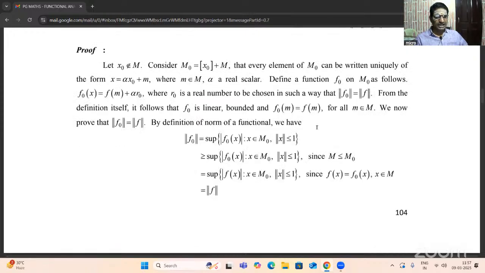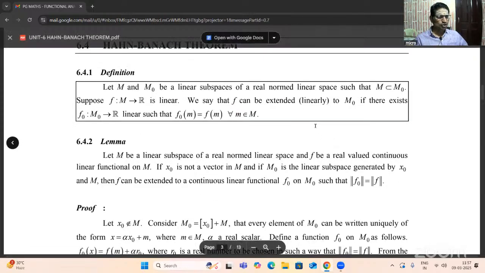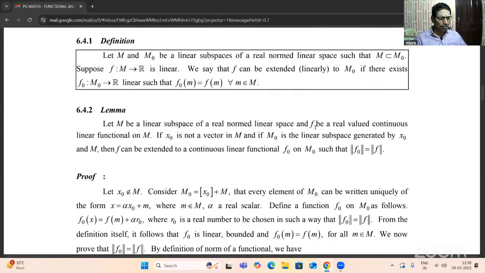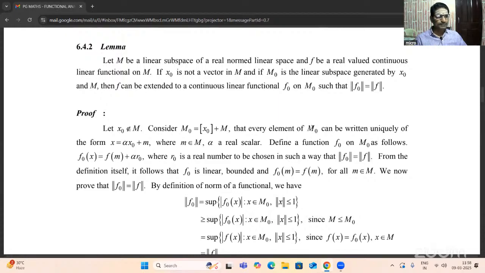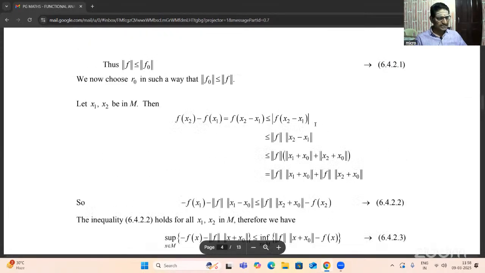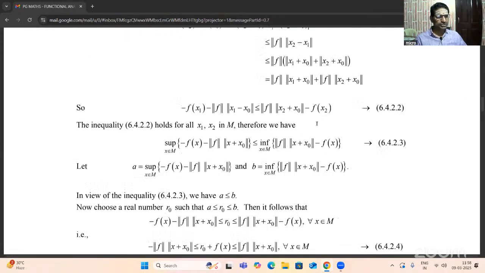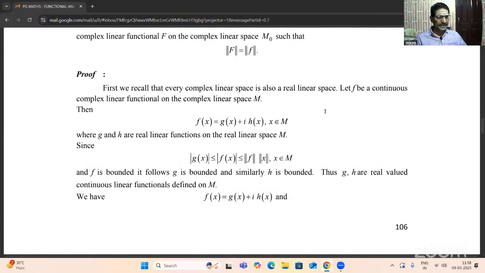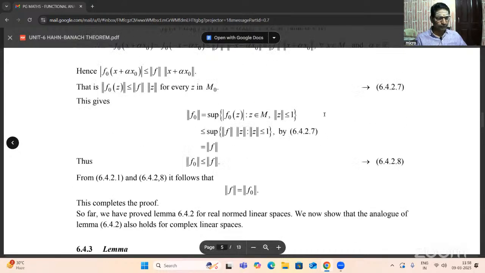Okay, Hahn-Banach theorem. This is also one of the important theorems. Please note down, first of all, the definition of linear functional, that is 6.4.1. According to this definition, next class I will explain theorem 6.4.2 and 6.4.3.